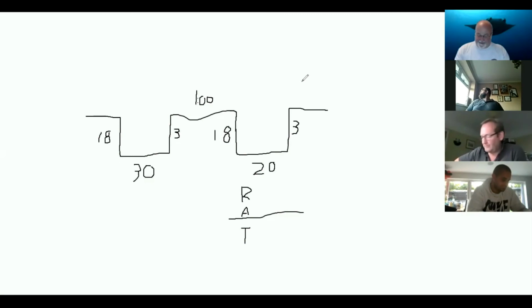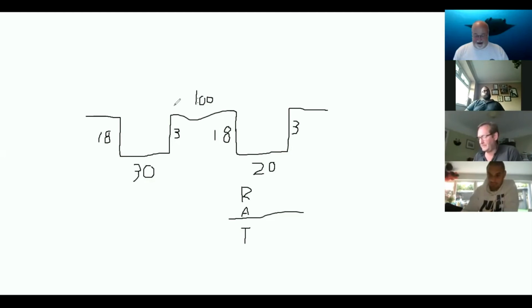Right, should we go through it? We all good? Definitely want to go through it. Right, okay. So, 18 meters for 30 minutes at the bottom with a 3-minute safety stop is 18 meters for 33, which should give you, because we're rounding up, an M. Right, so we've got 1 hour on the surface. 1 hour.